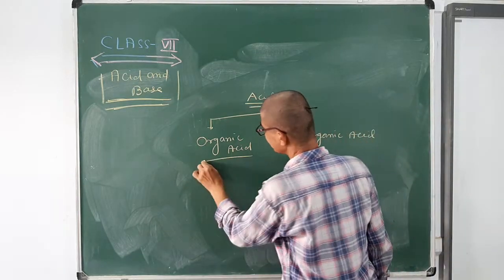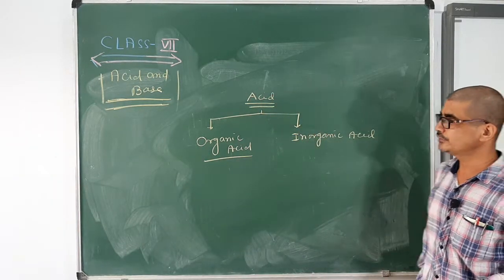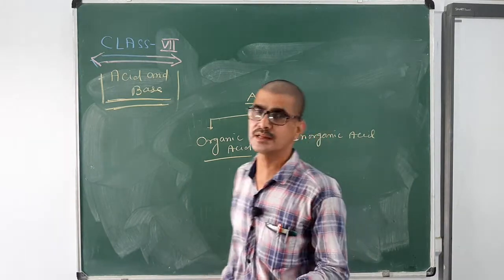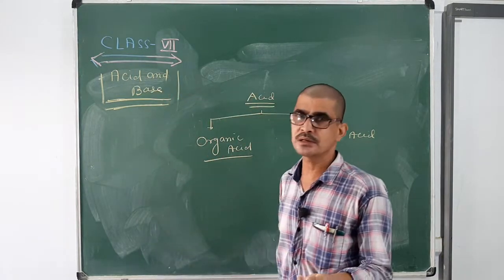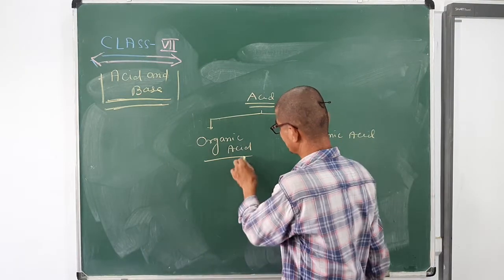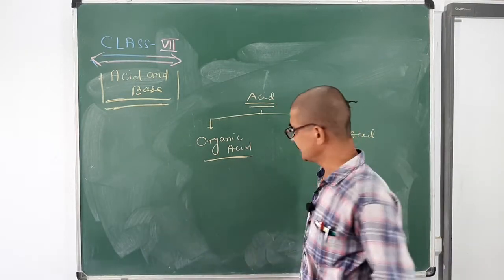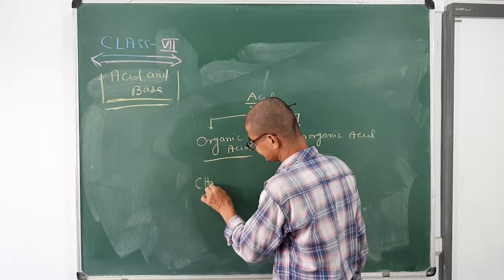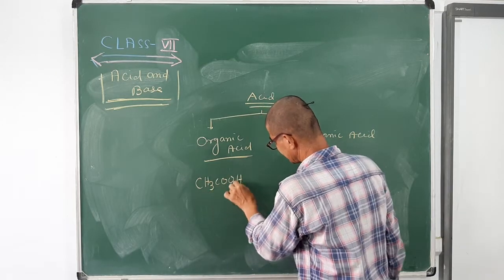In case of organic acid, acid which is obtained from organisms, it means plants or animals, is called organic acid, such as acetic acid.